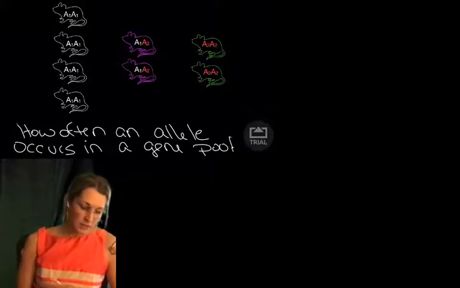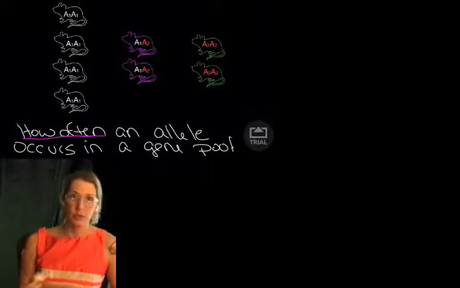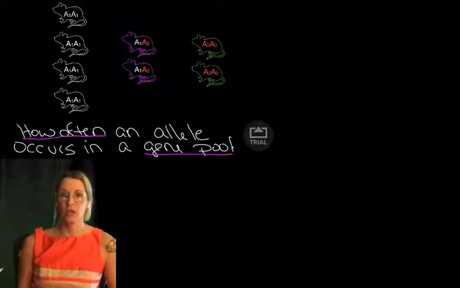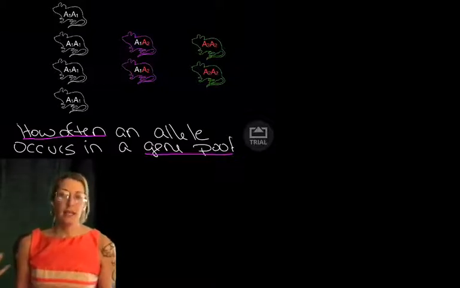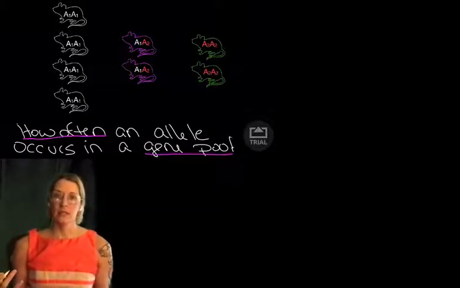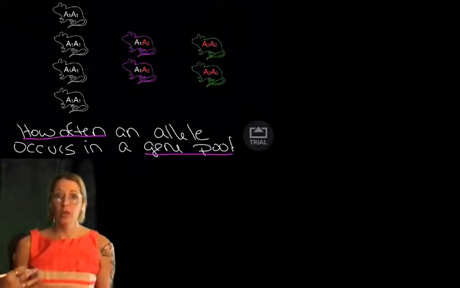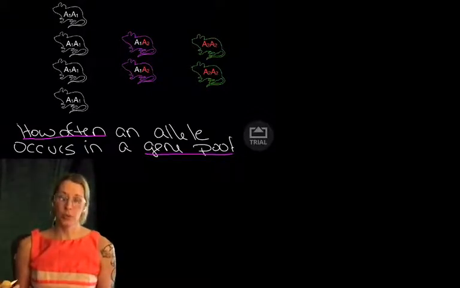So how often, that's frequency. And the gene pool is the population. When we're discussing all of these things about evolution, we're talking about an interbreeding population. So that would be a gene pool. So allele frequency is how often an allele occurs in a gene pool.